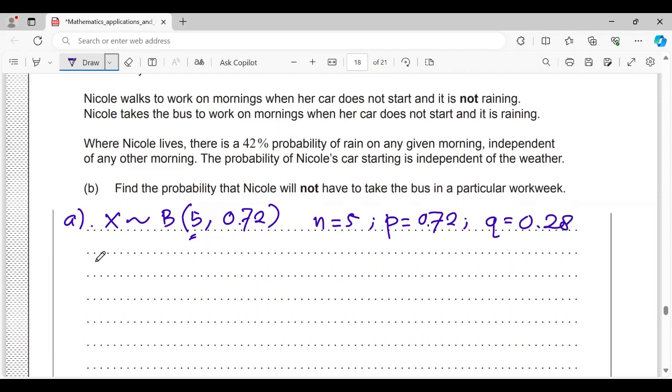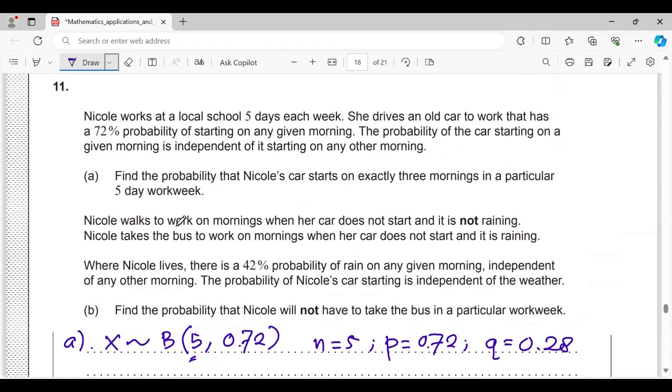Now the probability X equals 3: find the probability that Nicole's car starts on exactly 3 mornings in a particular 5-day week, 3 of 5.